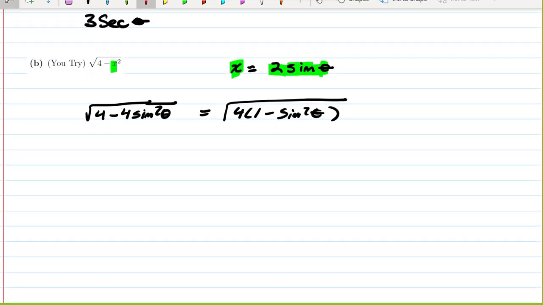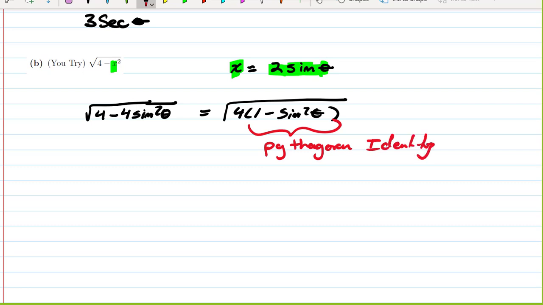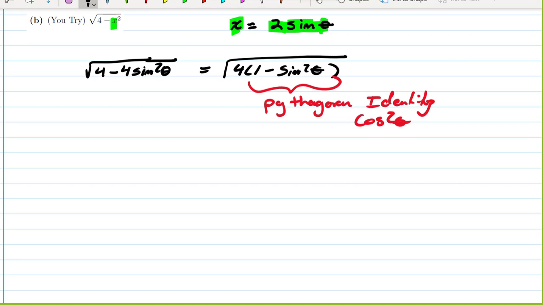Then on this piece right here, we're going to use the Pythagorean identity. 1 minus sine squared theta is equal to cosine squared theta. So putting all of that together, we get 4 times cosine squared theta.